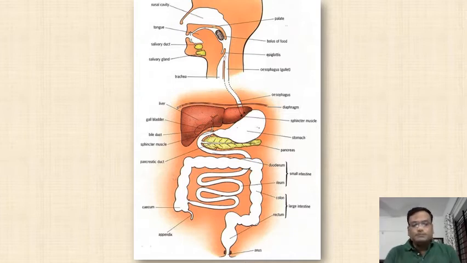So here what we are going to study is this portion, and anatomically you can see the stomach is a sac-like structure because its main function is to store the food. And here we are supposed to study the histology of stomach.